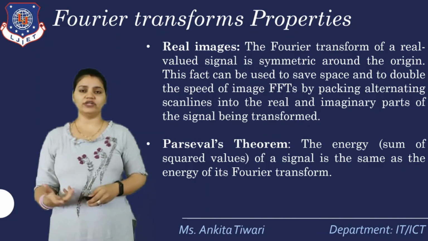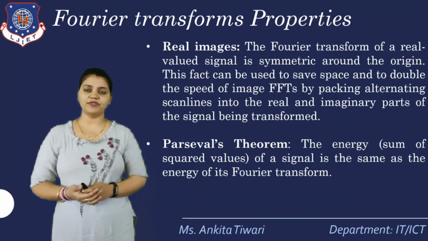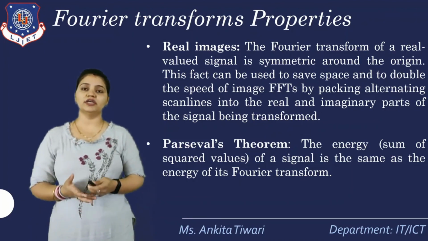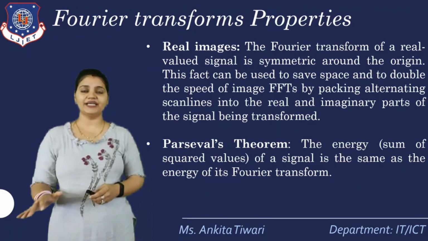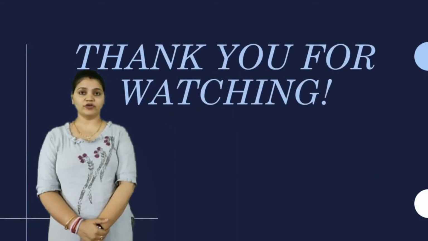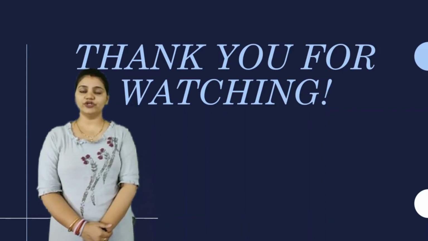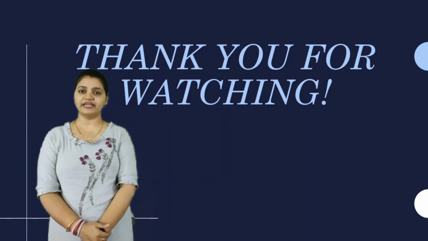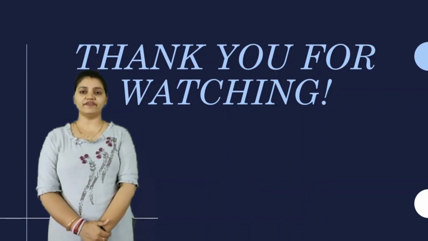We have learned all these properties with respect to the equations of the Fourier transformation that we use for frequency. Basically, the Fourier transformation is used for frequency, and we need to keep in mind that frequency is with respect to the signal that we get for a particular image. So these are the things that we have done today.